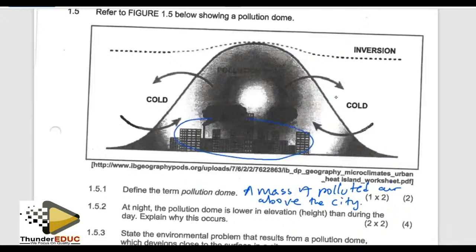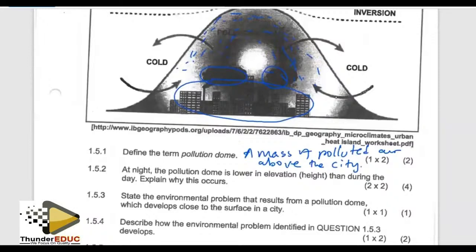You can see pollution taking place here. All this now is a dome which has formed as a result of trapped pollutants in the heat island, resulting into a pollution dome. So that is why we define it as a mass or a lot of polluted air above the city.